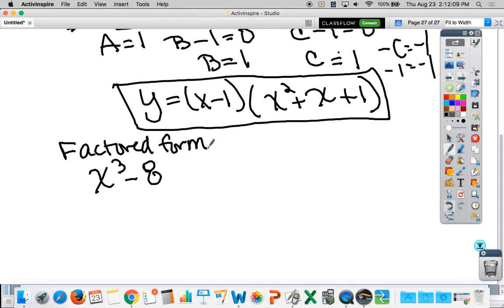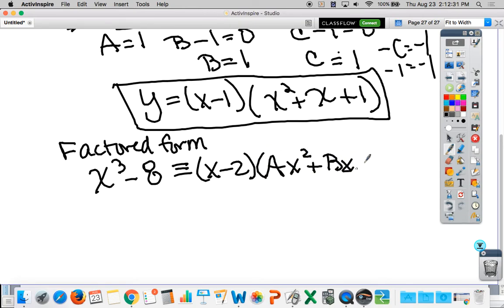What did you get from your polysolve as your root? 2? Okay. So, we know what is a factor. X minus 2. So, to find the other factor, we know this is a factor, so there's no remainder.